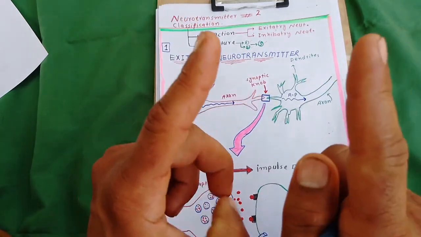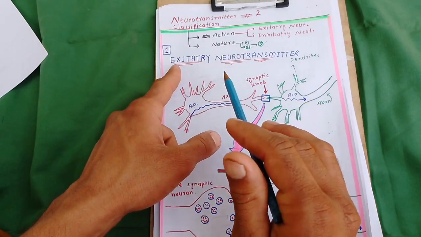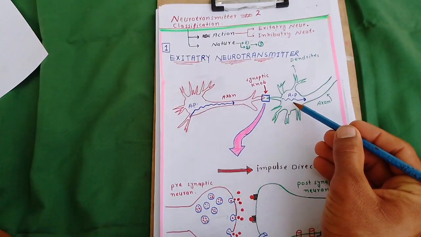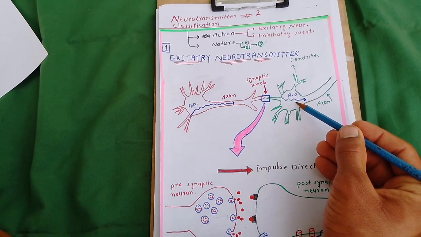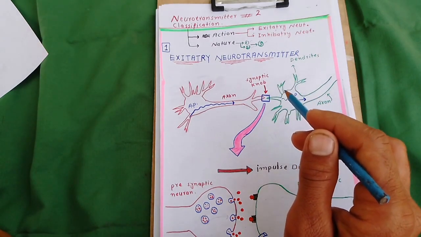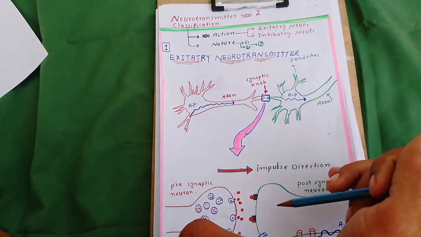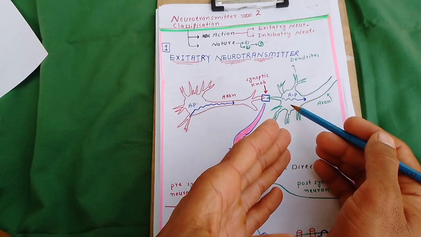There are two confusable words, two basic concepts. An excitatory neurotransmitter causes an action potential in the target cell, while the inhibitory neurotransmitter causes inhibition in the postsynaptic neuron or the target cell.